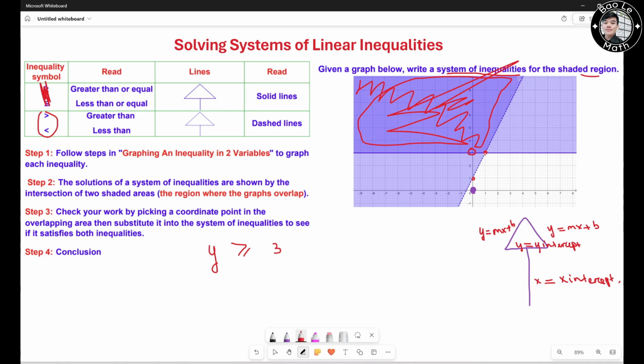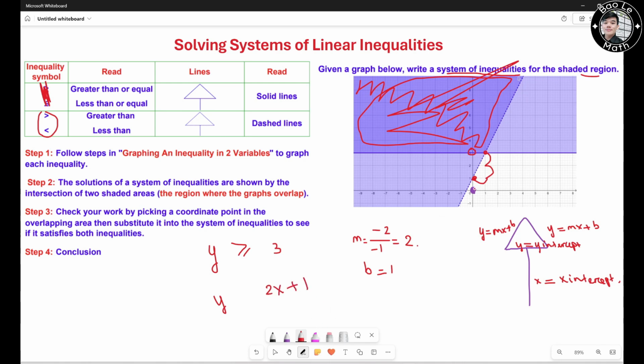I use rise over run, right? Rise, go down by 2, so it's negative 2. And then go to the left 1, so it's negative 1. So the slope is negative 2 over negative 1, which is 2, right? Now the y-intercept is going to be 1 right here, so b equals 1. So I put y, and then this is going to be 2x plus 1, right?